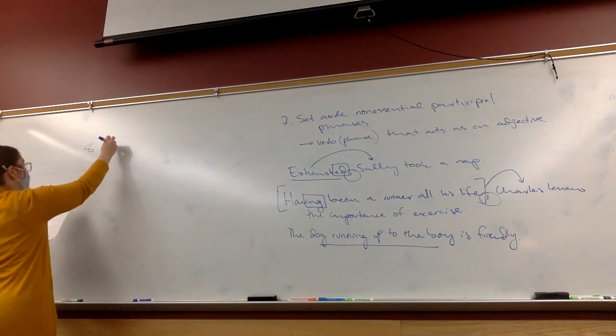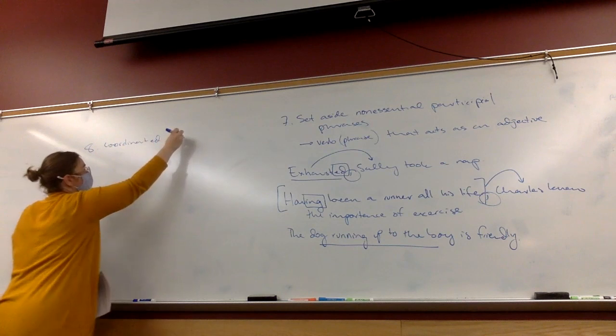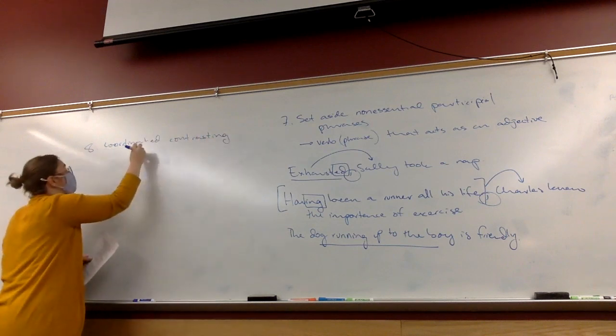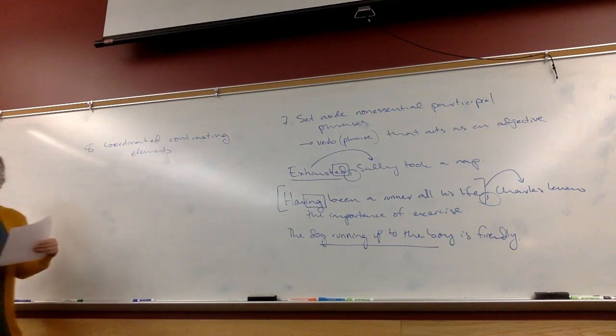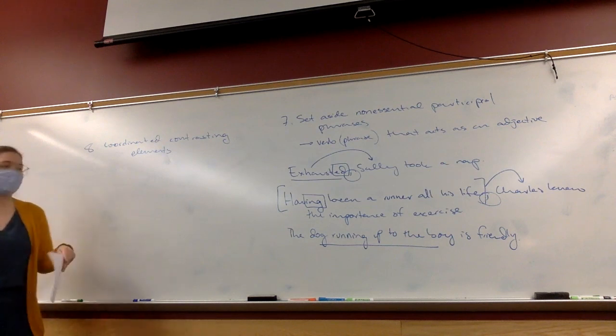Rule number 8 is that you set aside coordinated contrasting elements. So this is when a writer says something, but then they want to clarify the thing and add just a little bit more information.